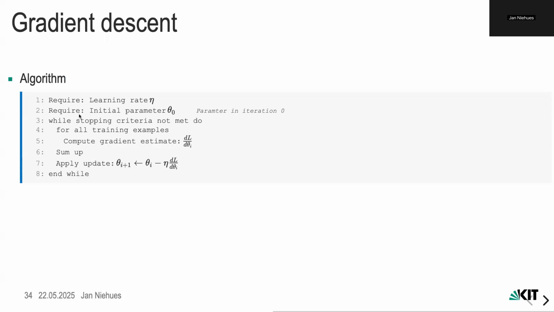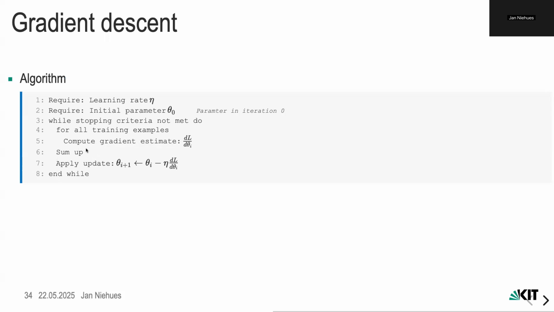And what we're then doing is, for some time, going over all our examples. For each iteration, we're going over all examples. Then we have to compute the gradient. This was mainly the whole algorithm we had before. So you do the forward pass and you do the backward pass in here. This looks like a short line, but this is a lot of computation.